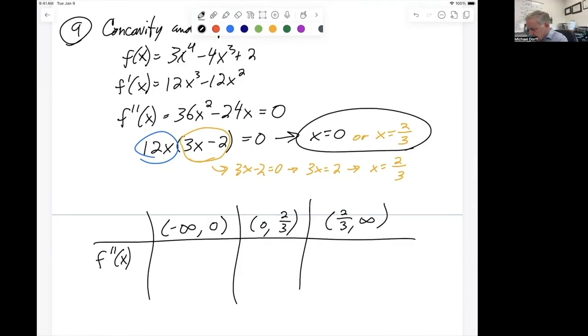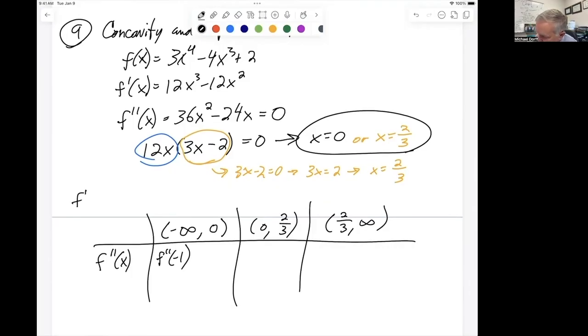And I do the same thing. I do a second derivative at a point in here. So I do -1, and I'm going to write down my second derivative function in the form 12x times 3x minus 2. When I put -1 into this function, I get 12 times -1, which is -12.